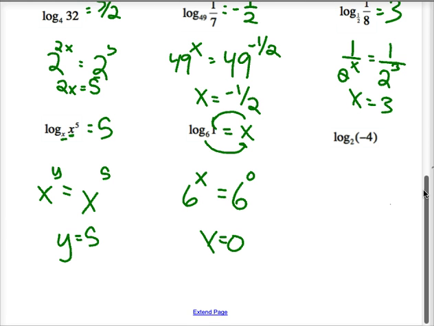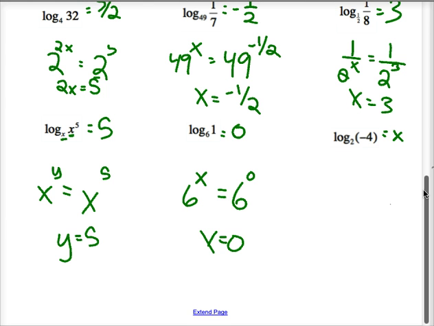So wouldn't this just actually equal 0? So that's another concept I want you to know, is when you're taking a logarithm of any base of 1, you're always going to get 0 because anything to the 0 is 1. So that's the only way to get 1 for these.